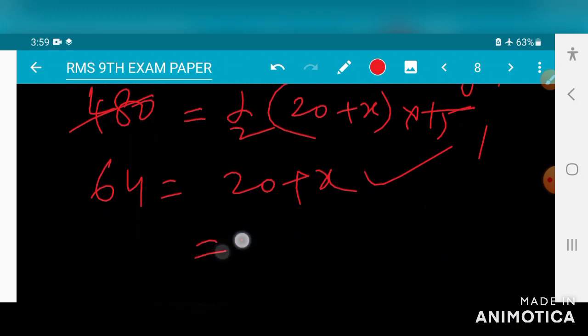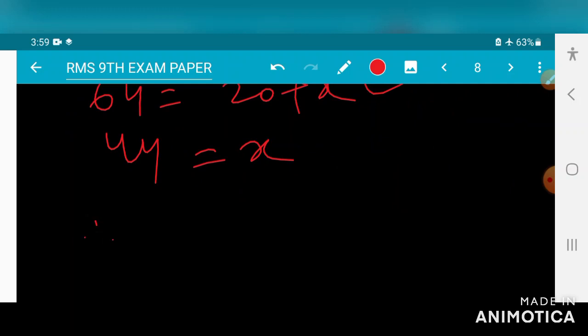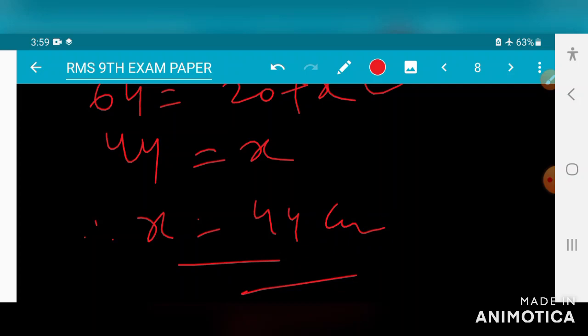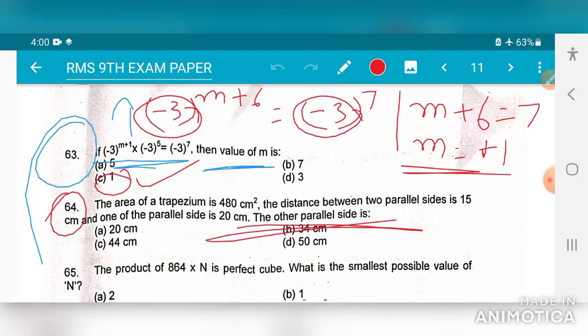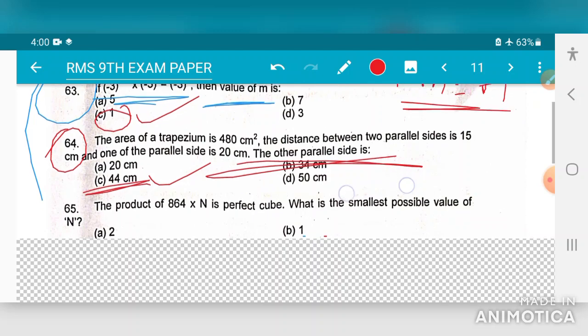Next, x is equal to 64 minus 20, which means 44. So the required answer x is equal to 44 centimeter. Right? 64 is the 44. This is the answer.